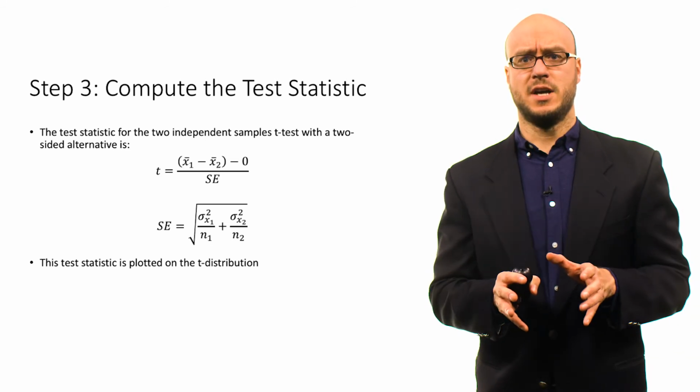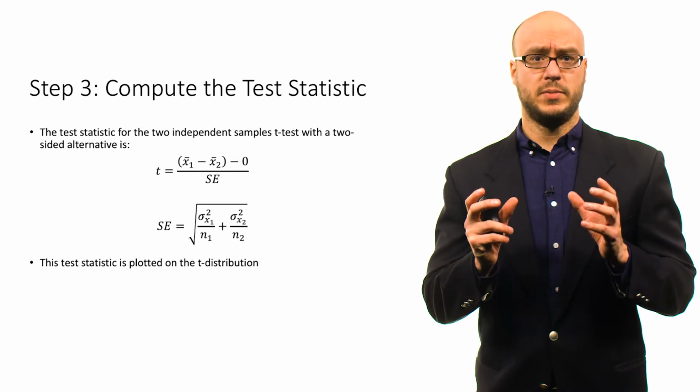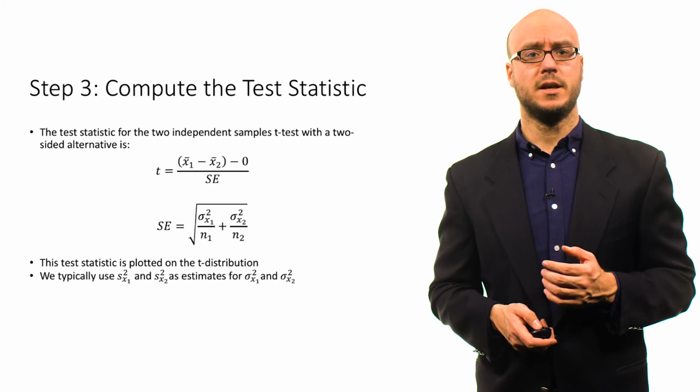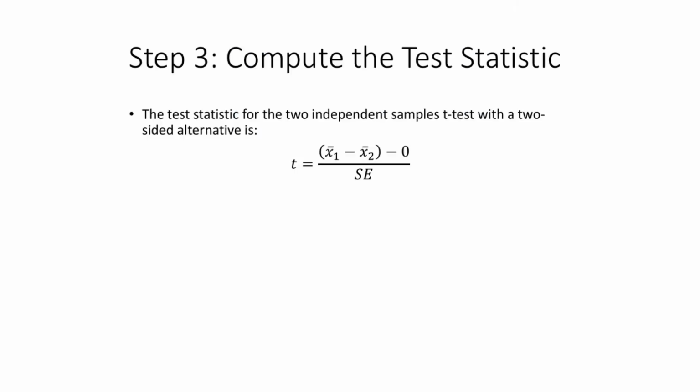Again, we're going to use statistical software to calculate this, but you can come up with this yourself. It's relatively straightforward. And we will use the two sample variance estimates for the population variances for these two groups. So we'll use the sample variance of the first group and the sample variance of the second group as estimates for the population variance of the first group and the population variance of the second group.